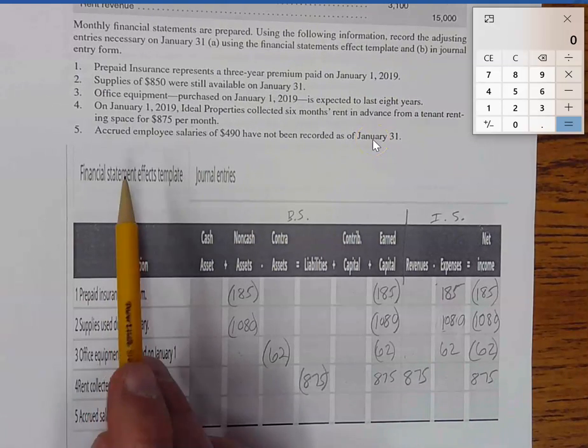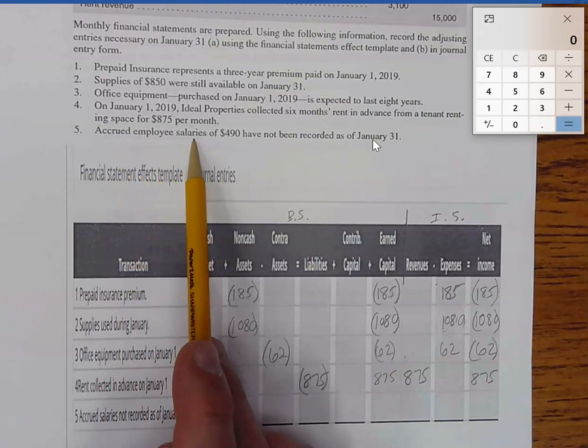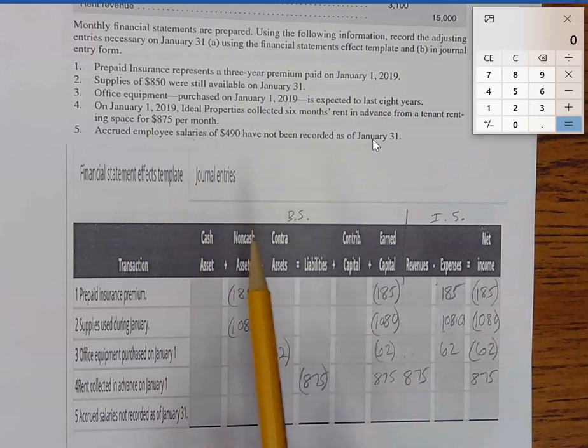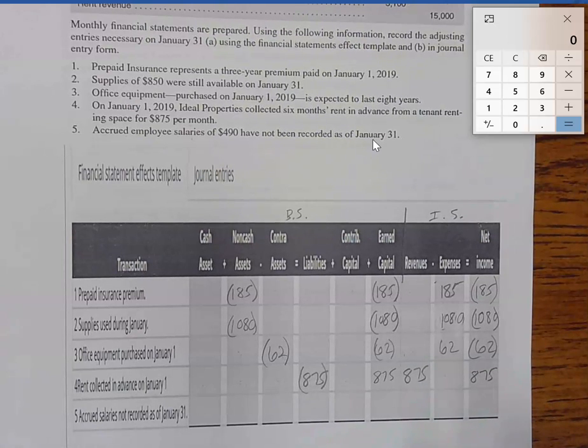The fact that it says accrued employee salaries means that we did set up a liability for this. Let's see here. Have not been paid as of January the 31st. Okay, so actually what we need to do is we need to accrue this liability. So let's go ahead and do it.